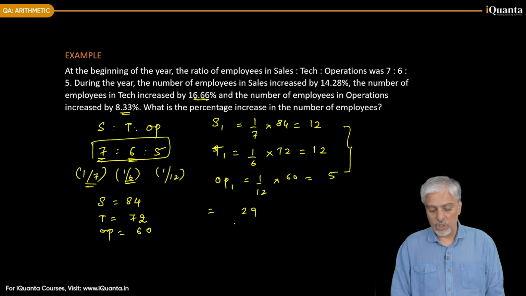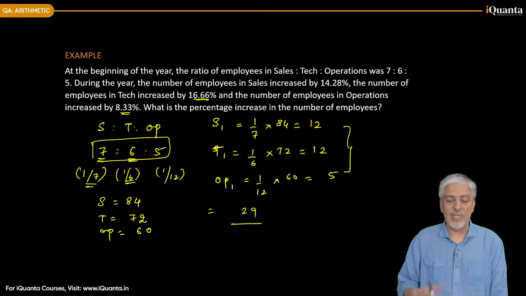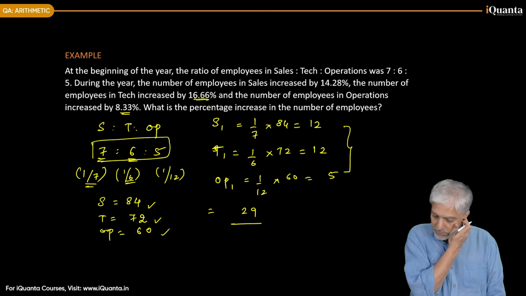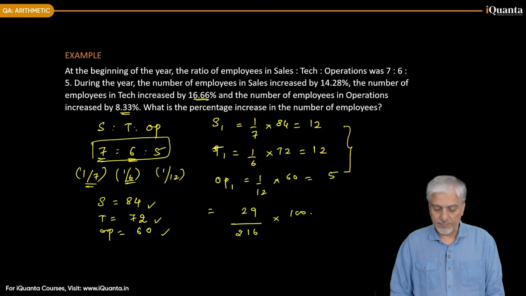My total increment is 29 over a base of how much? What was the original number of employees? 84 plus 72 plus 60. That's 150, 150 plus 60 is 210, 210 plus 6, just checking I'm not making a mistake, is 216 upon 100.